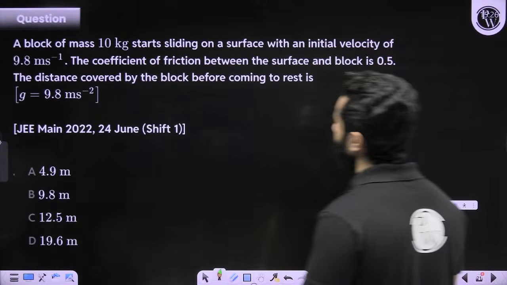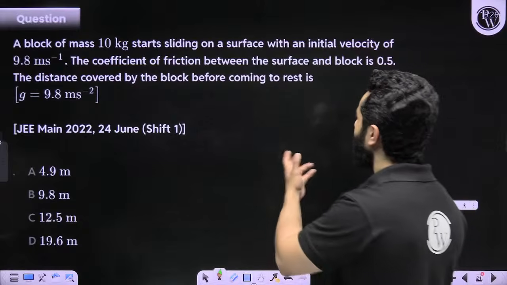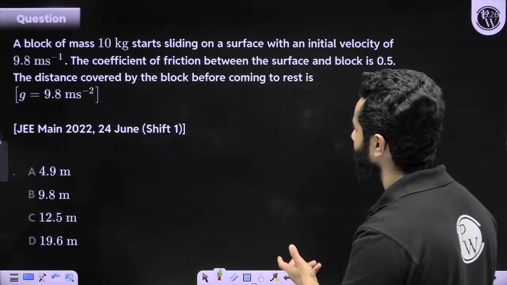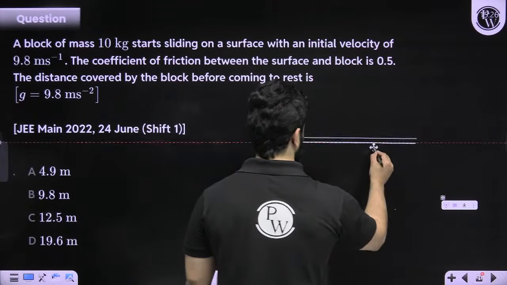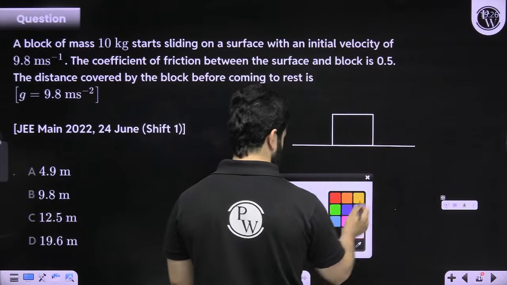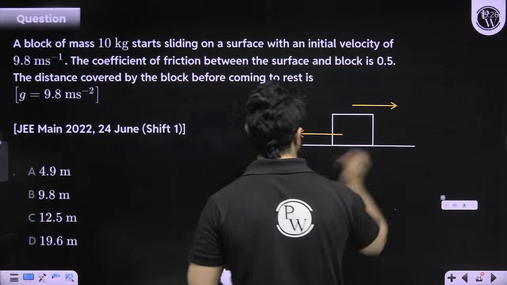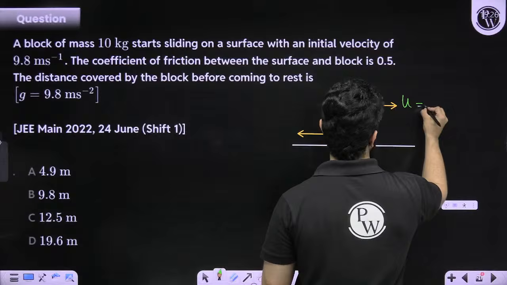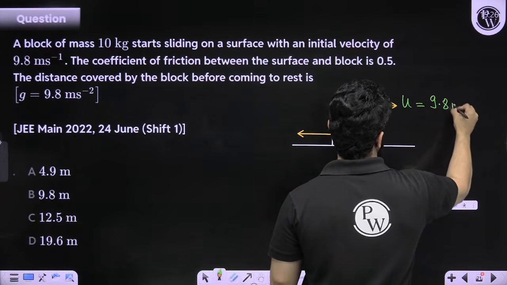All right, clear. So it is sliding on a surface with an initial velocity of 9.8 and a coefficient of friction between the block and the surface. Let's quickly solve it. You have a block like this, and friction force will act in the backward direction. It has an initial velocity of 9.8 meter per second.